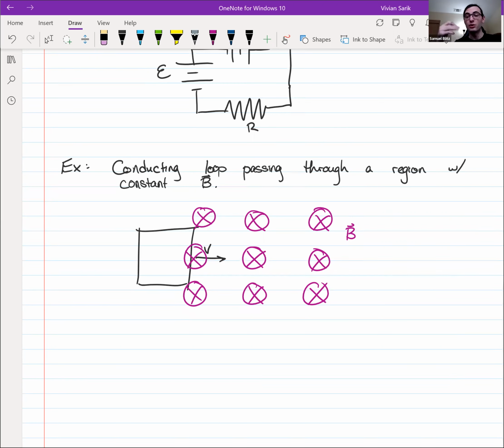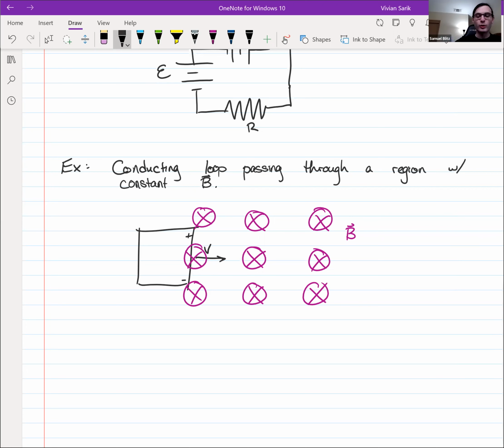And so we can use the right-hand rule to find the force on charges in that right-hand side. The charges are moving at velocity v to the right, and the magnetic field points into the screen. And so the force on positive charges would be up, the force on negative charges would be down. And so you end up with positive charges up here and negative charges down here.